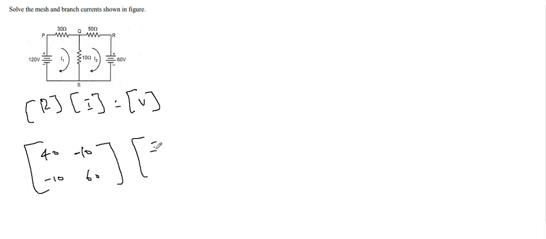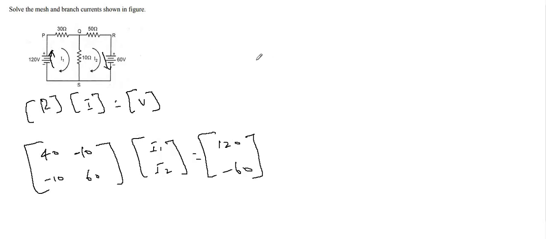And the two currents, let it be I1 and I2, and the voltage matrix here. So here we see in the first loop, the direction of current is from minus to positive. So we have only one source, it is 120. And in the second, we have a source of 60. The direction of current is from negative, so it is minus 60.